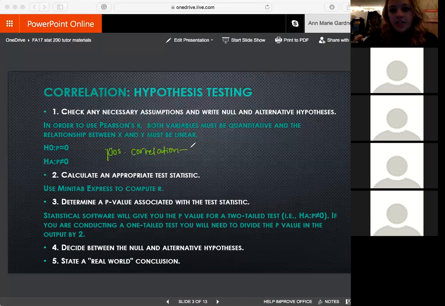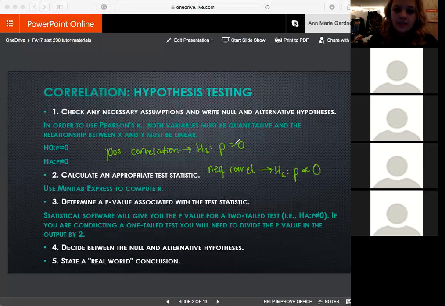That means our alternative hypothesis is going to be P is greater than 0, because we're talking about it being more than. And then if there's a negative correlation, if that's what your question is asking, I'm writing really small, then our alternative is going to be P is less than 0. And I mean, it can also be, if it's saying that the correlation is greater than 0.2, that can also be a thing.